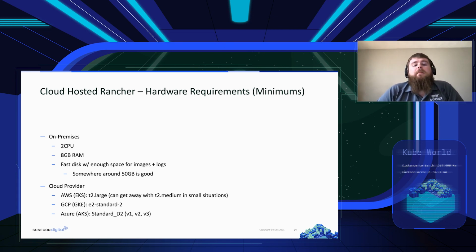For example, monitoring tools such as Prometheus and Grafana are going to require more CPU and memory utilization than will be available on a cluster full of T2.mediums. T2.large then is a pretty good default recommendation, and of course you can increase from there based on the requirements you have. For GCP, and this would be the GKE hosted Kubernetes provider, we're looking at E2-standard-2 instances. In Azure or an AKS hosted provider, we're looking at standard D2 instances of either the V1, V2, or V3 series.